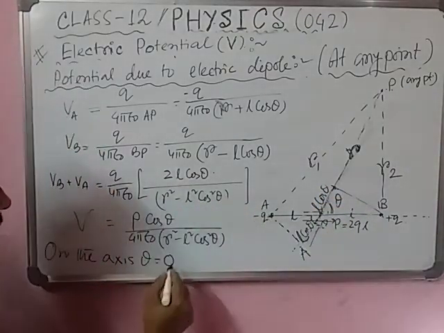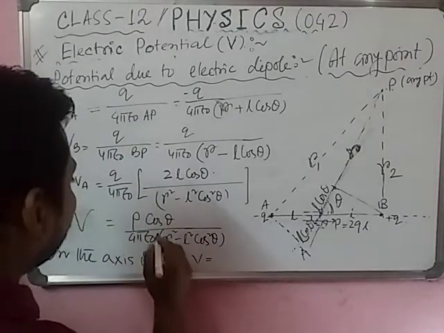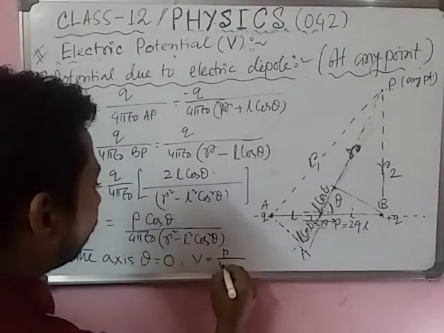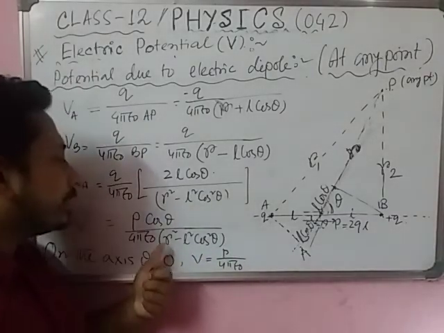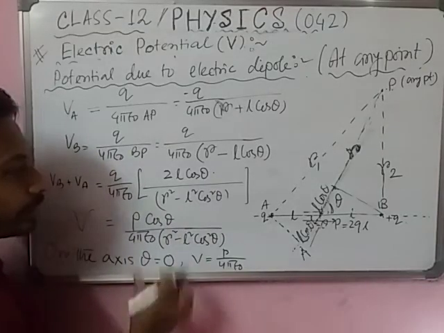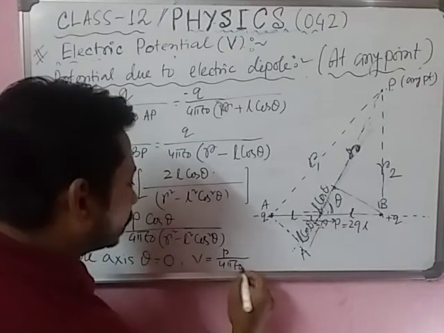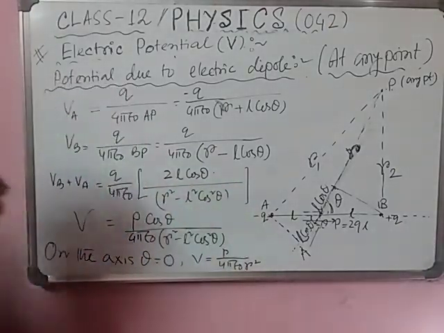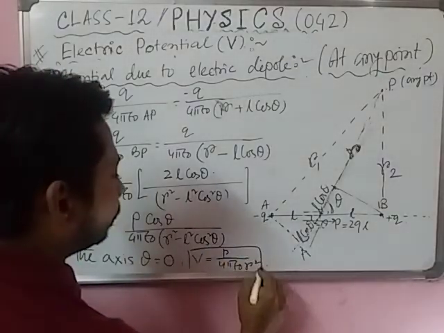So V is equal to P by 4 pi epsilon naught times r square, and if r is very much greater than L, you can ignore L square cos square theta because L is very small. So this is your potential on the axis.